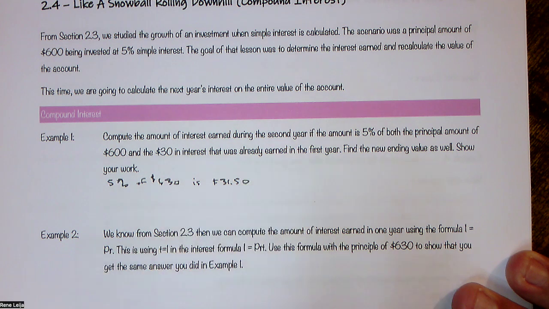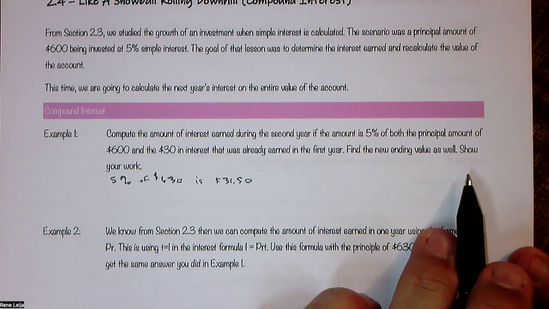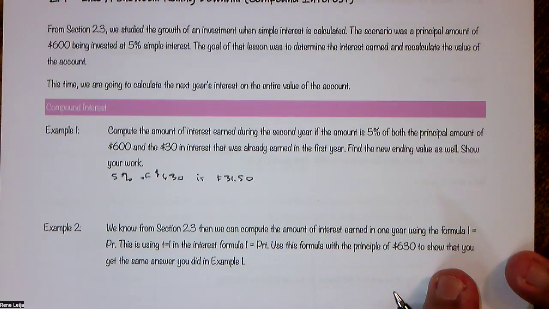So 5% of $630 is going to be $31.50. And so they want us to find the new ending value as well.